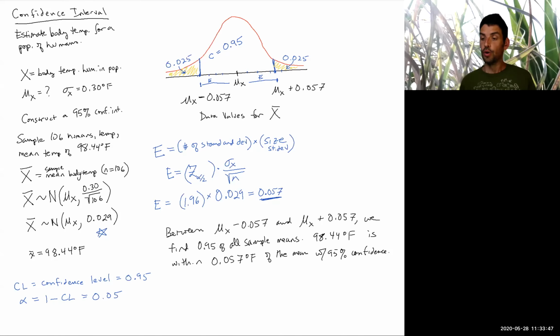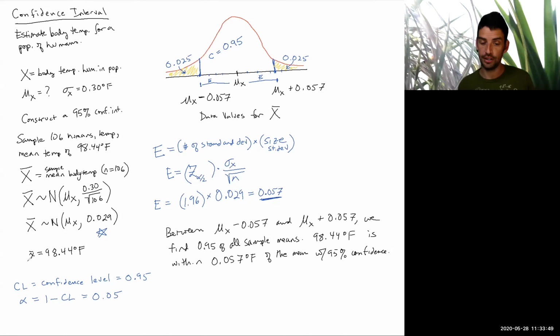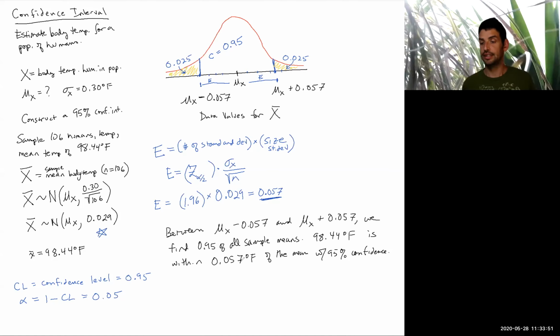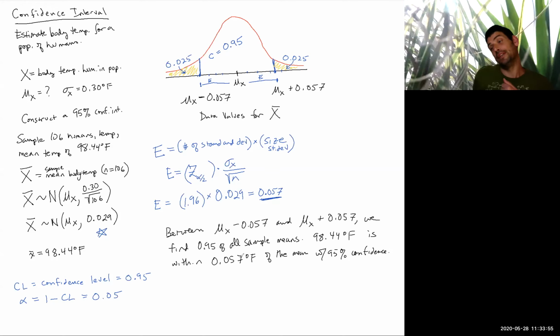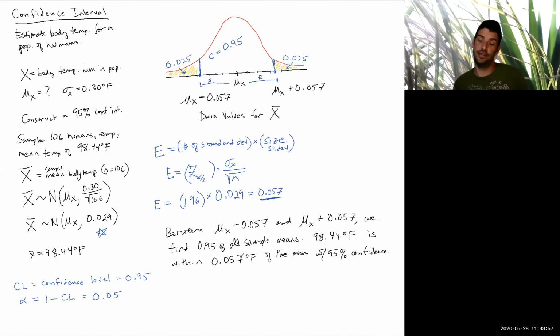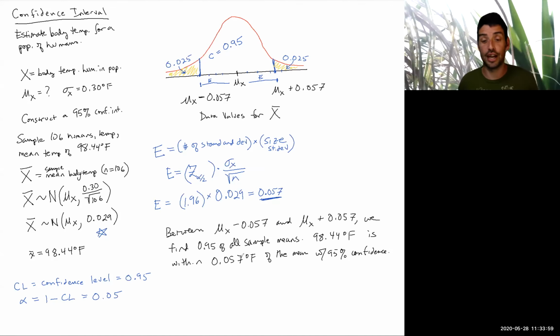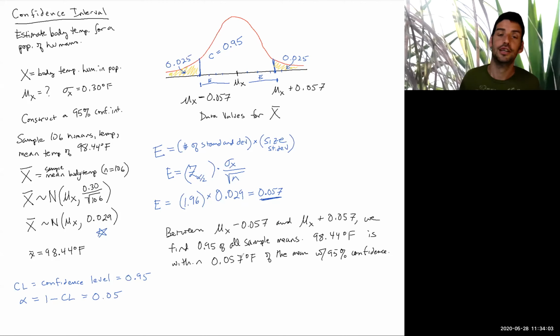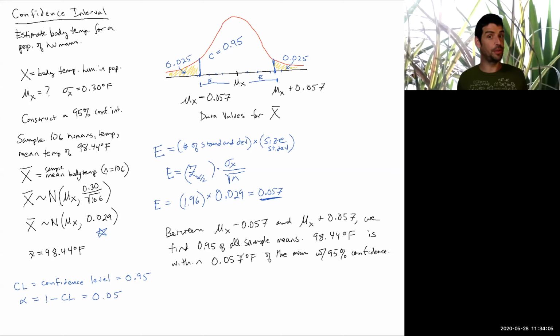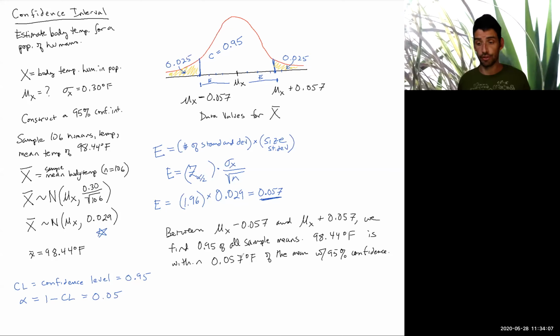Okay. Well, if X bar, little x bar, is within 0.057 degrees Fahrenheit of the mean, that means the mean is within 0.057 degrees Fahrenheit of X bar. We can turn that around, right? If I'm within 2 feet of my brother, my brother must be within 2 feet of me. We can go in both directions.